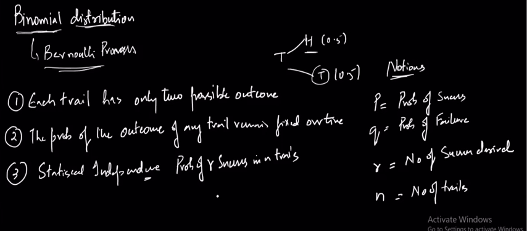It will be given by n factorial divided by r factorial times n minus r factorial, and then we have the probability of success p raised to power r, and the probability of failure q raised to power n minus r. So this is the way we actually calculate the probability of r successes in n trials for a binomial distribution.